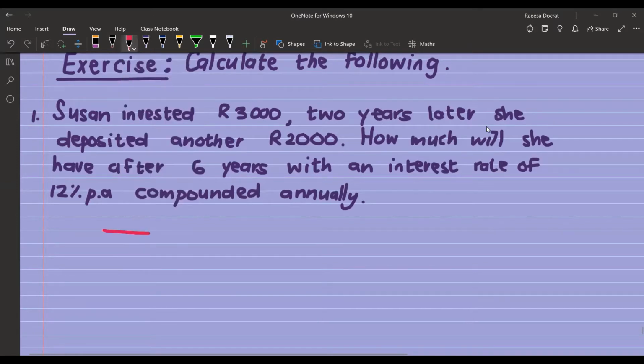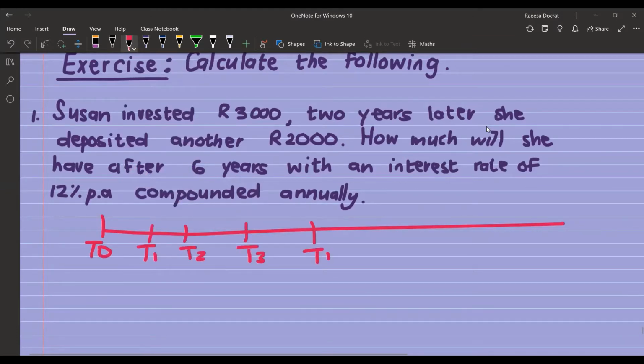So we have our time 0, time 1, time 2, time 3, time 4, time 5, time 6. Excuse the unequalness of the time, but they all equal, they're 1 year. Maybe I should just draw it equal to be consistent at least.